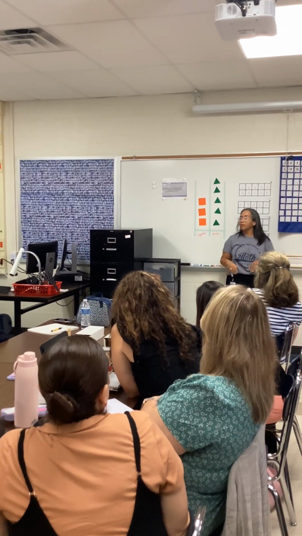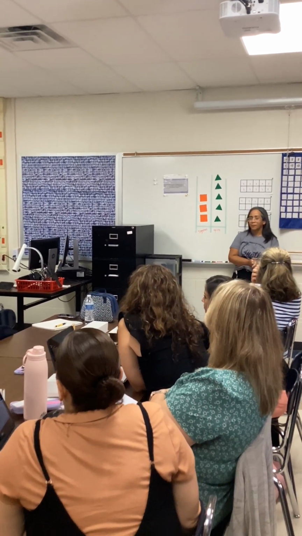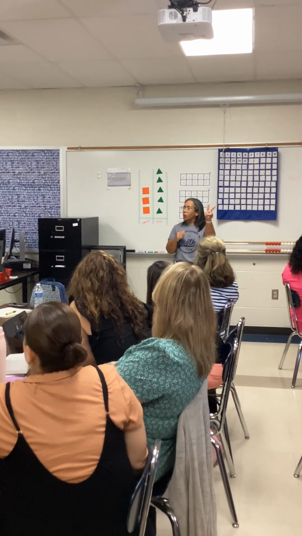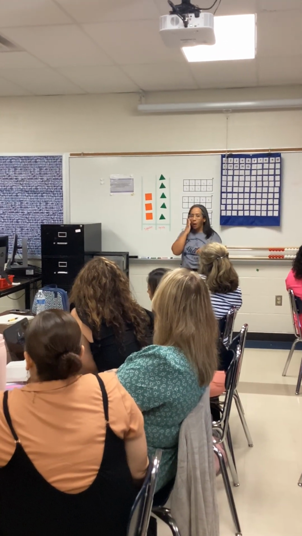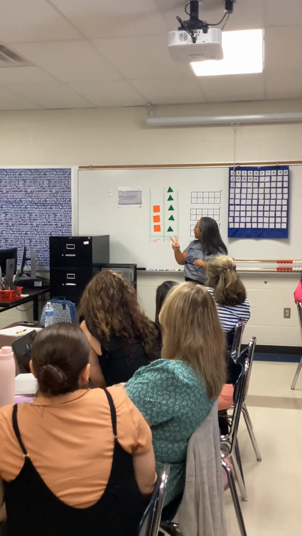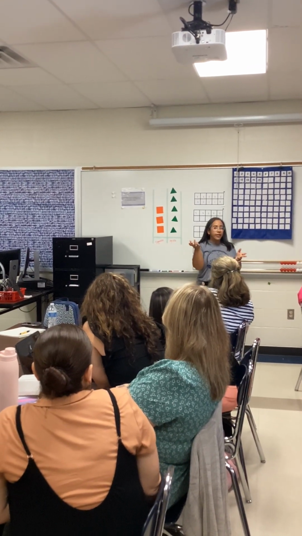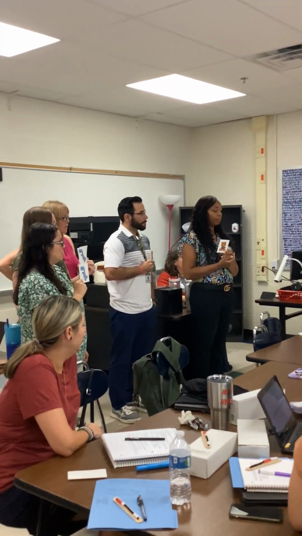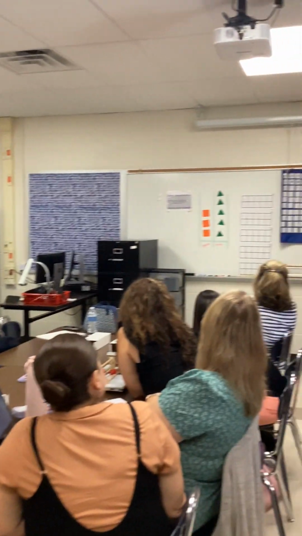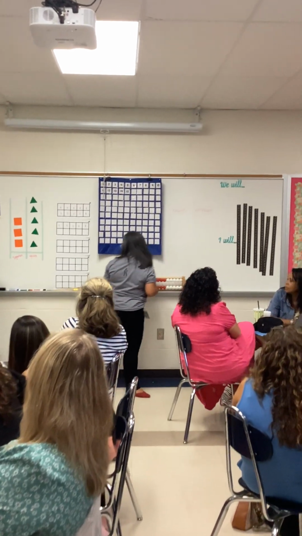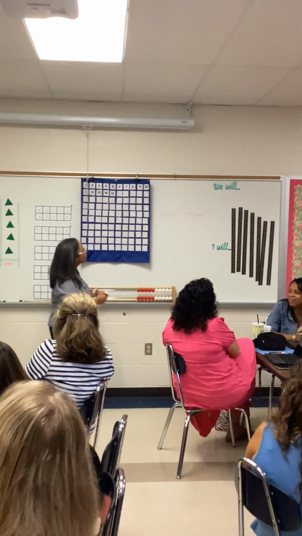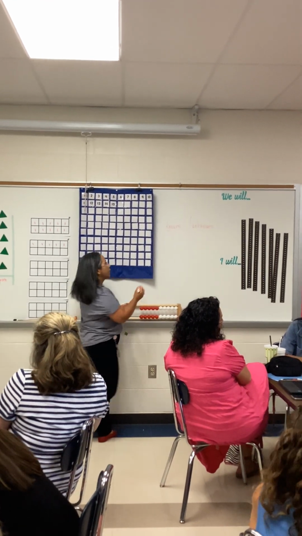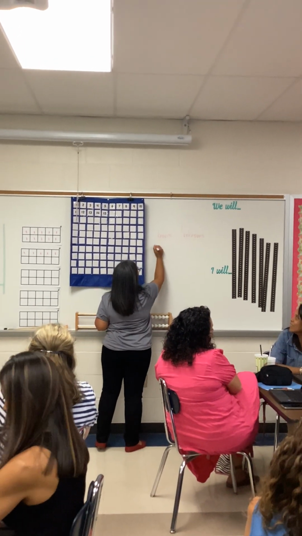What do we know about the problem? What do we know? 2 dinosaurs. There's 2 dinosaurs. What else do we know? There's 3 teddy bears. What do we need to find out? How many in all? Can we write it on our T chart? Let's write our knowns. What do we know? 2 dinosaurs.